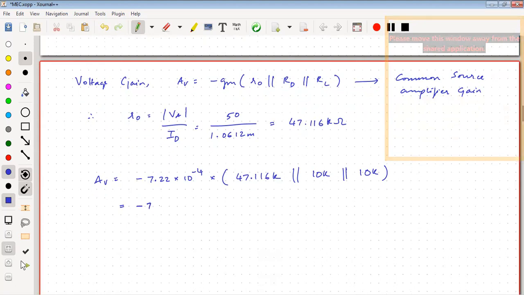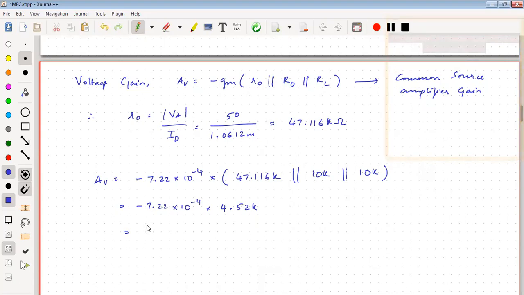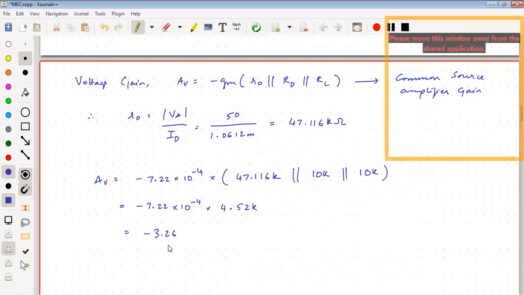Right, so this is minus 7.22 into 10 power minus 4 into 4.522. So the final gain which you get is minus 3.26.